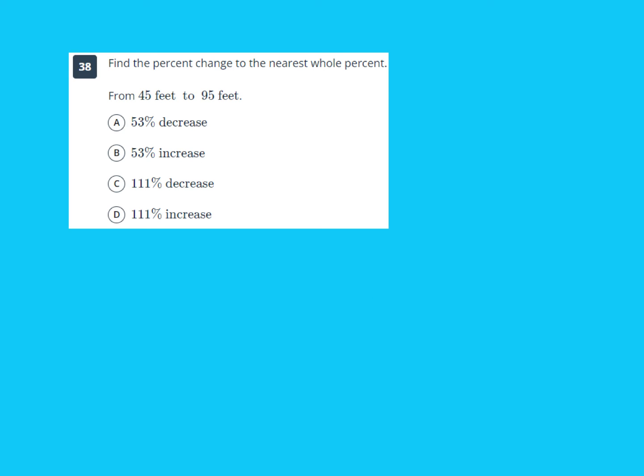Next. I didn't skip one again. Okay. Find the percent change to the nearest whole. This is exciting. From 45 feet to 95 feet. Percent change. In other words, how much did it change from 45 to 95?